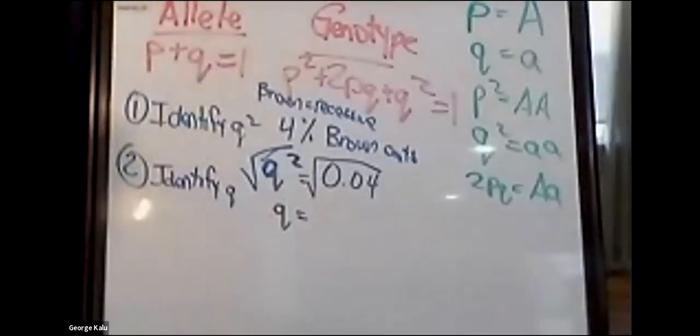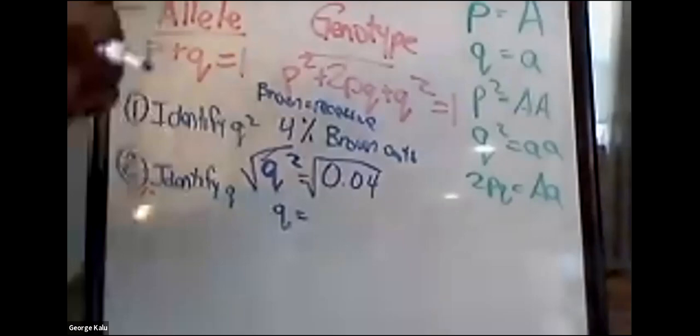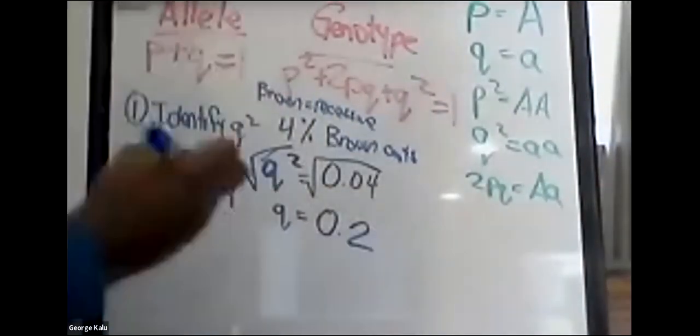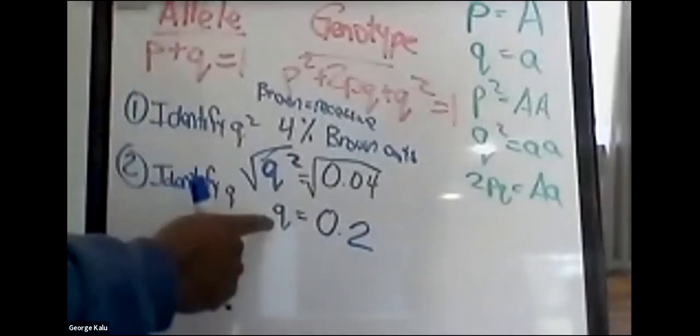So it's not 0.02. 0.2. Right, good job, Hezzy. So we should get 0.2. Okay. So we've just found our Q.